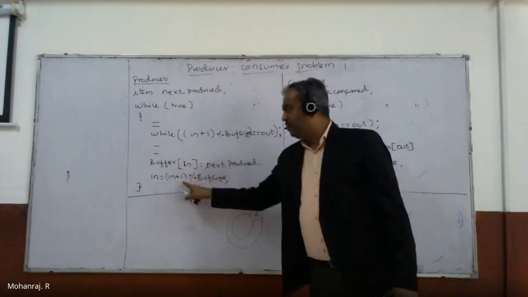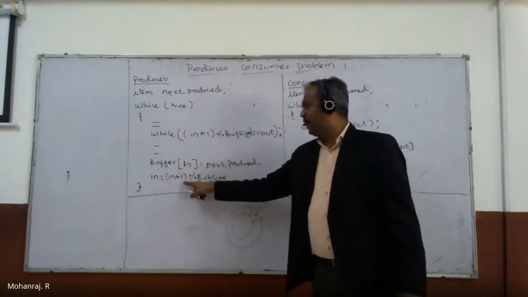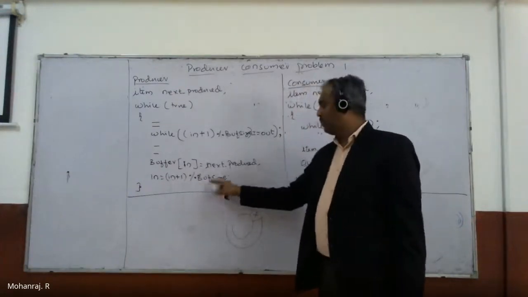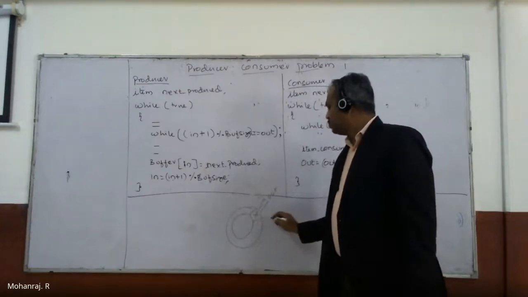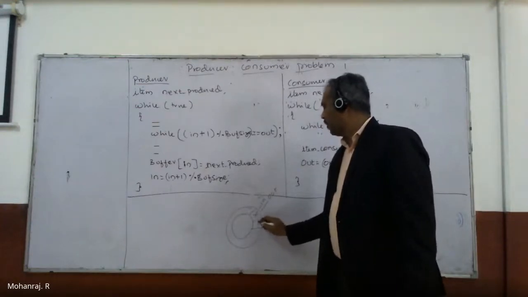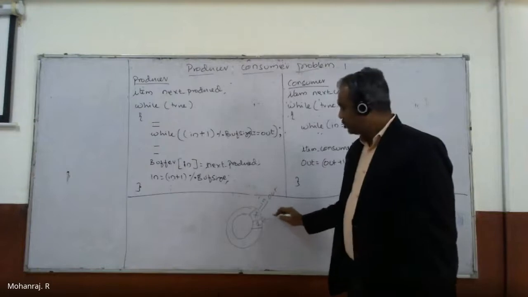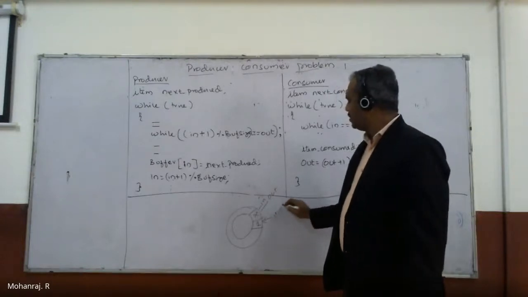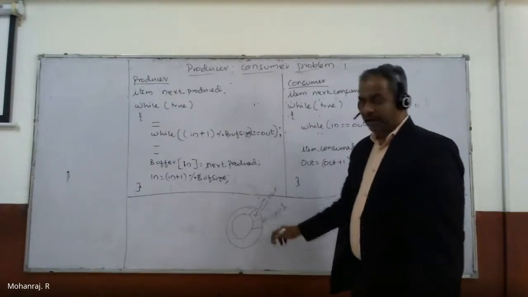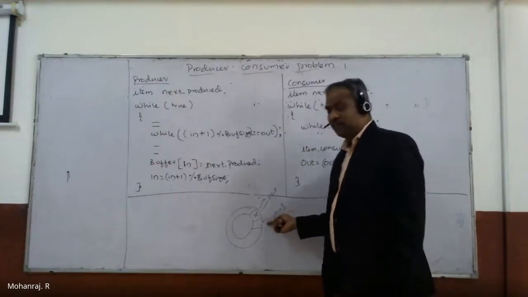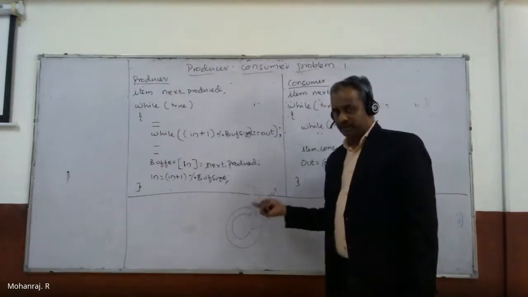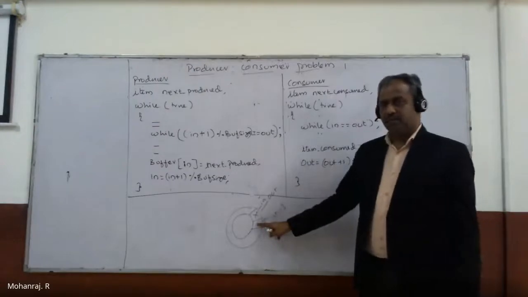In is going to be updated by in plus 1 modulo division buffer size. So now this in is going to point to 1, at this place. That means the value of in is 1. And it is pointing to the place where the next item can be placed. It is free, right?